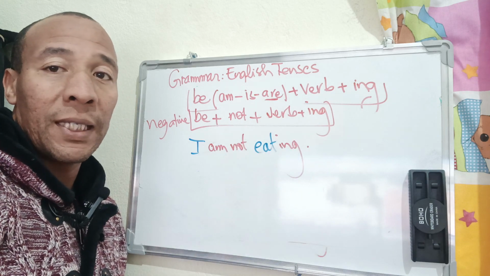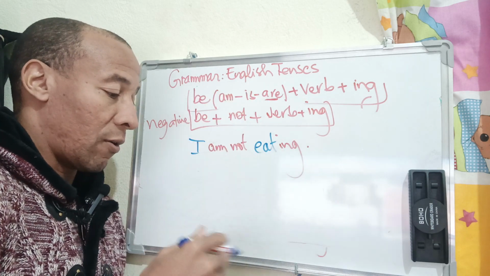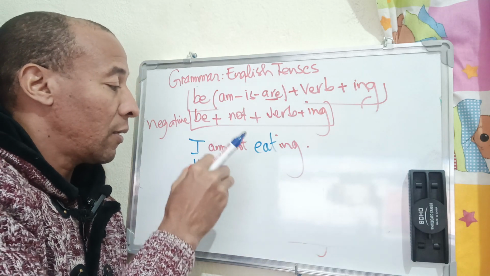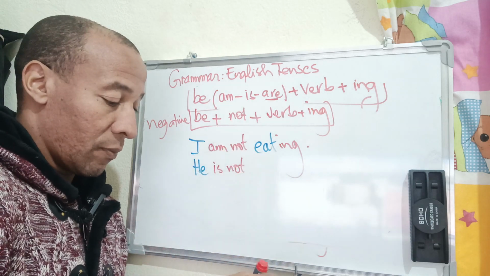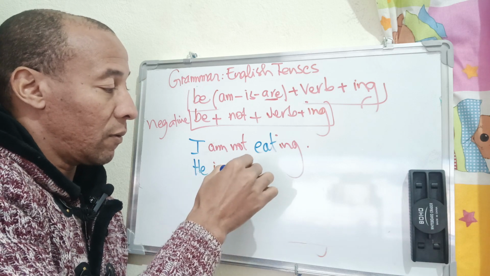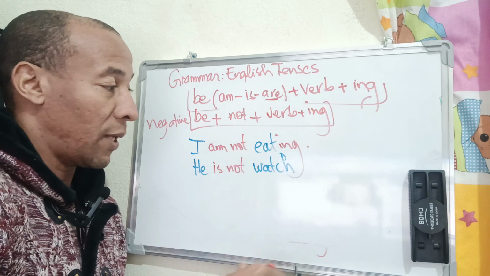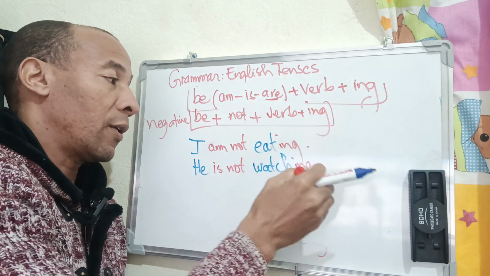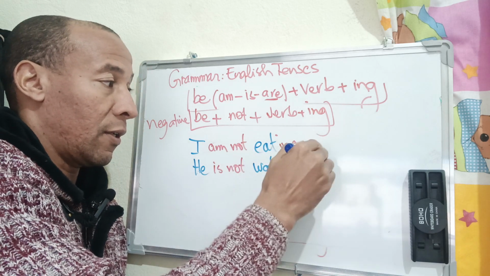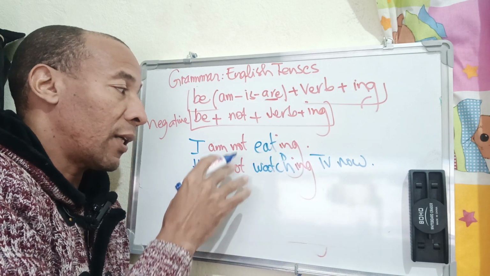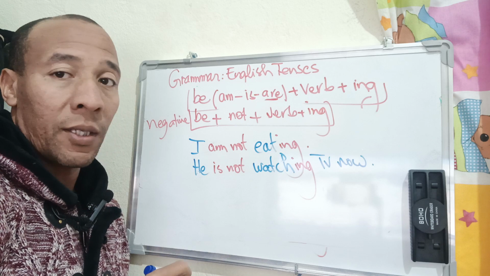I am not eating، right؟ نفس الشيء he غنديرو is not، let's say watching، watch plus ing. He's not watching TV now. صافي مزيان. إذا هذا هي الطريقة باش كنديرو الكونتينوس.